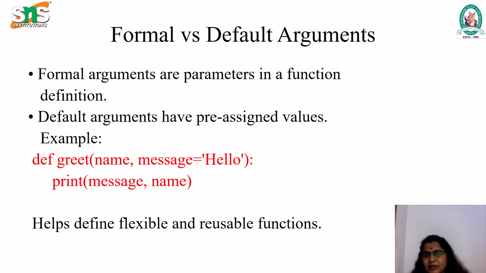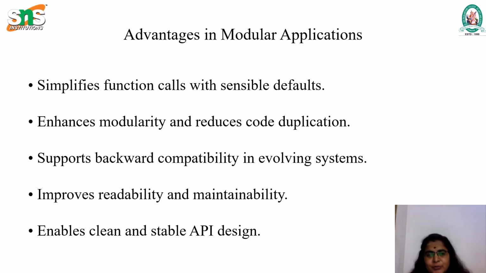Here I am declaring the message variable with the string value hello. Now I print message, comma, name. The message will be displayed as hello, and the name will be whatever we get as input from the user. This helps define flexible and reusable functions using formal and default arguments.